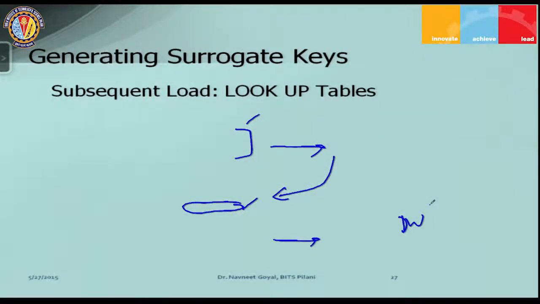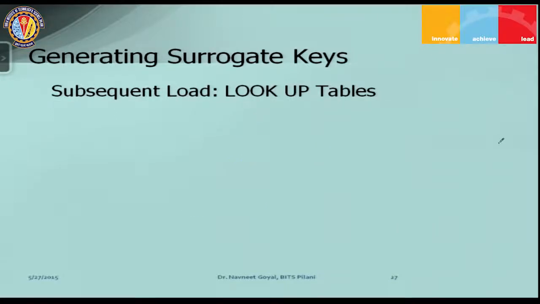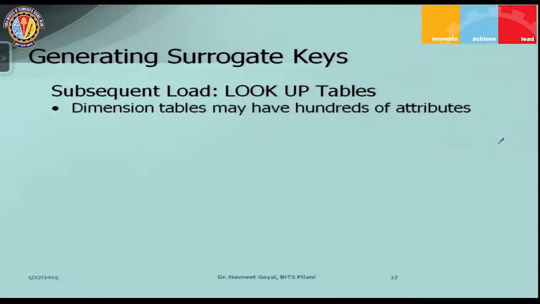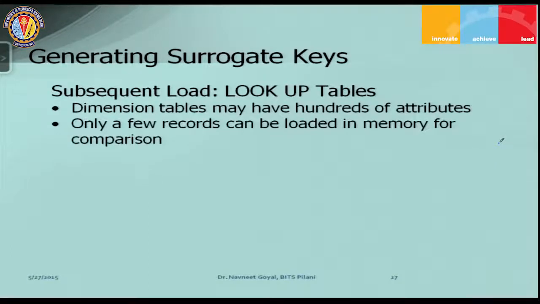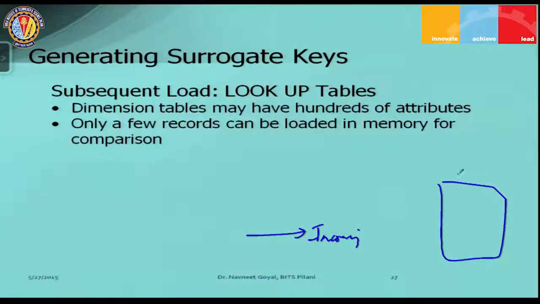For subsequent loads, we introduce a concept of what are called lookup tables. Dimension tables may have hundreds of attributes, right? And only a few records can be loaded in memory for comparison. So this is an incoming record, and this is my dimension table, and this is very wide.